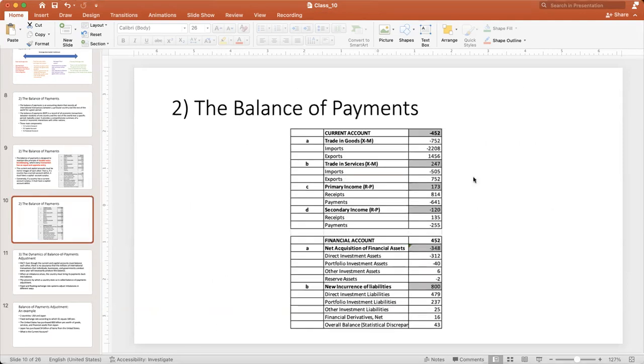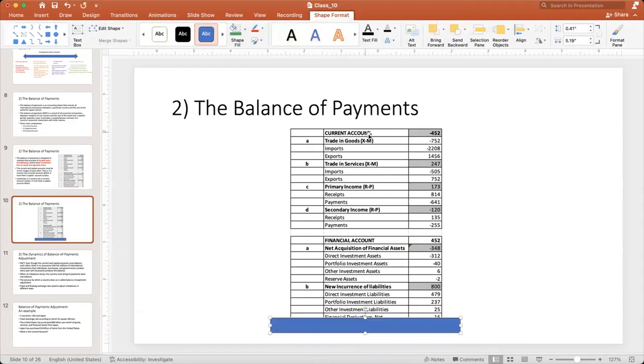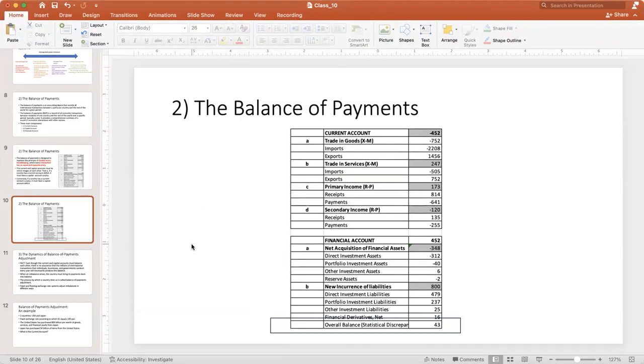In fact, as you can see here, there is something that is very tricky, which is this part, which is something that in the central banks they name statistical discrepancy. So the statistical discrepancy is something like the error term, and they use the error term in order to balance the balance of payment. Why?